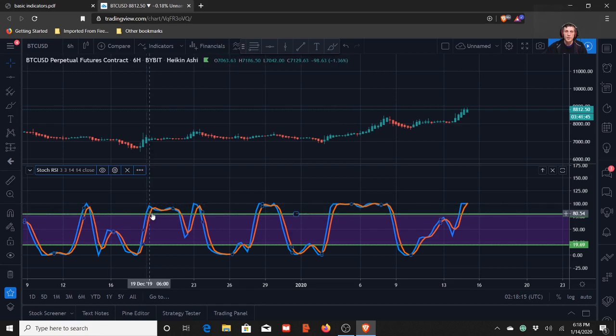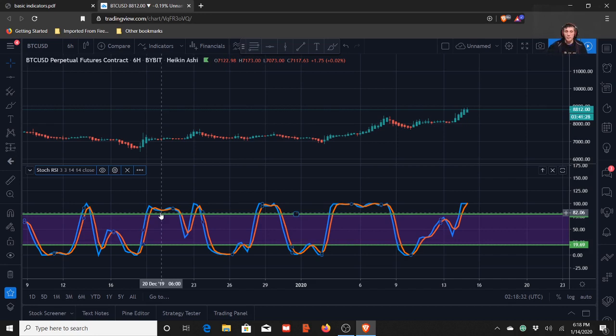And right here is a perfect example. Just because we are in overbought does not mean, holy crap, let's short, let's bet the farm. No, stay in it, because you can kind of look at the overbought and oversold lines as support and resistance, I guess.